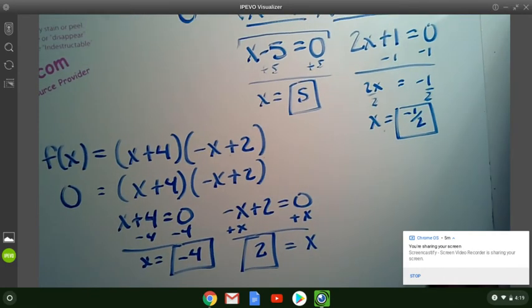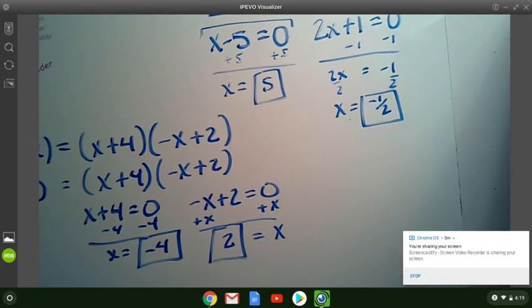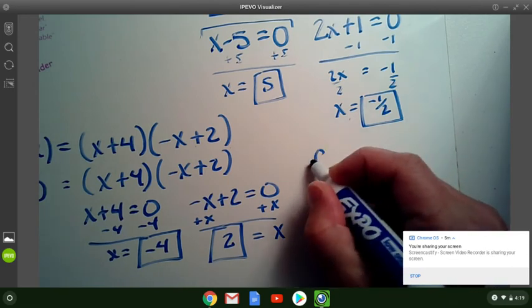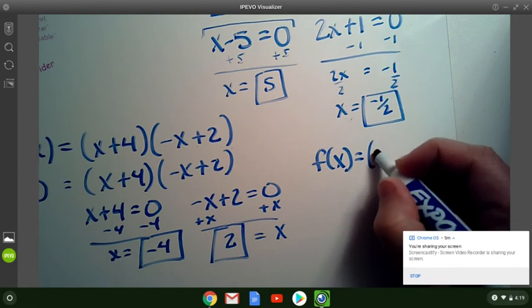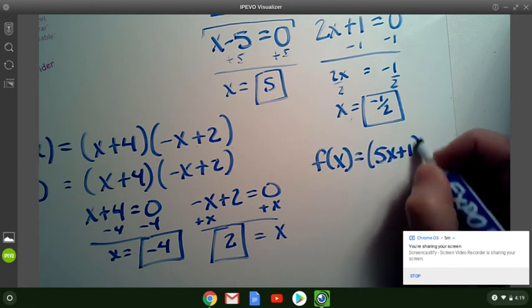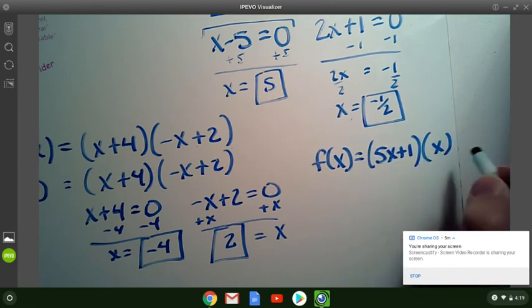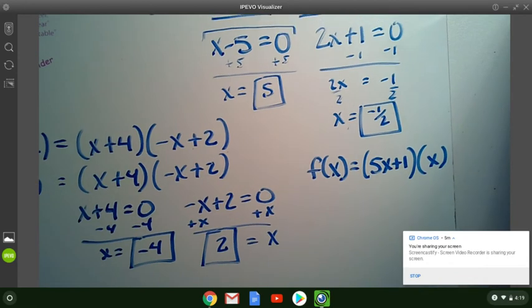Here is one more I want to show you where f of x is equal to 5x plus 1 times x. So there are two factors again. One of them looks a little bit odd to us right now in parentheses like that.